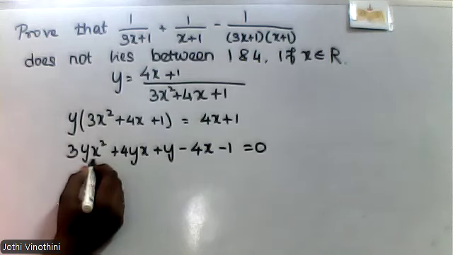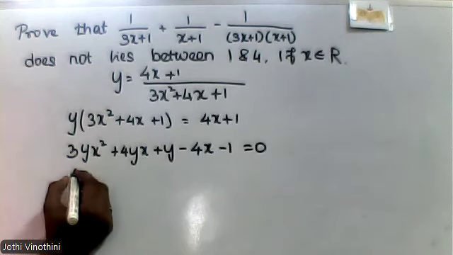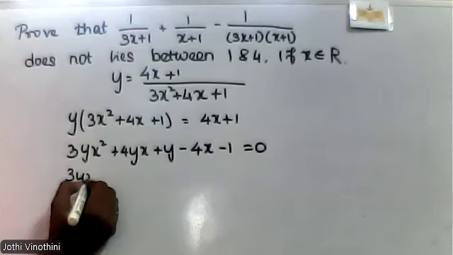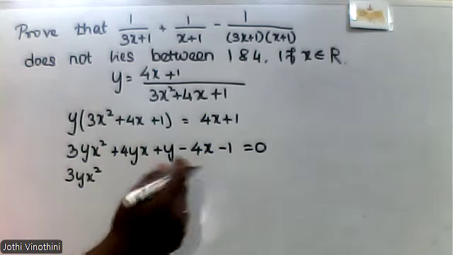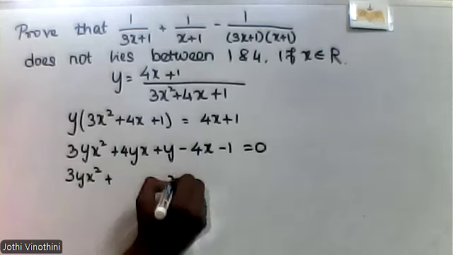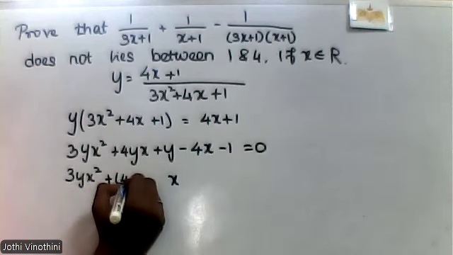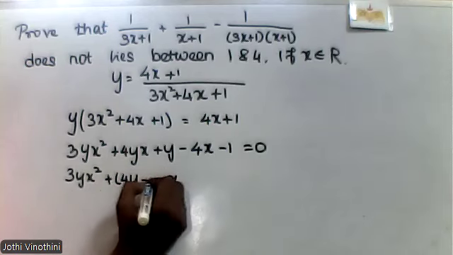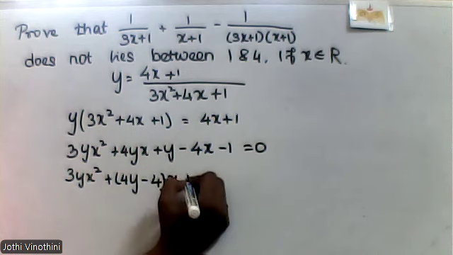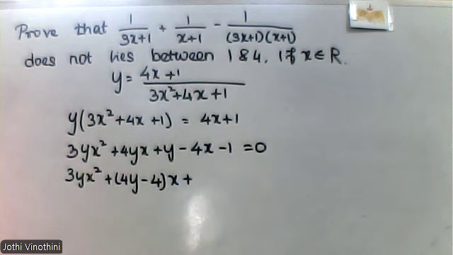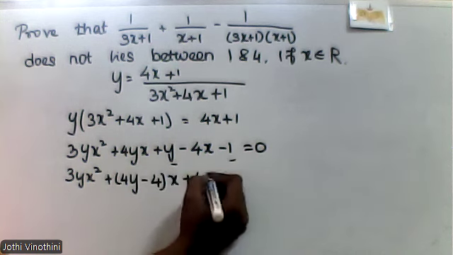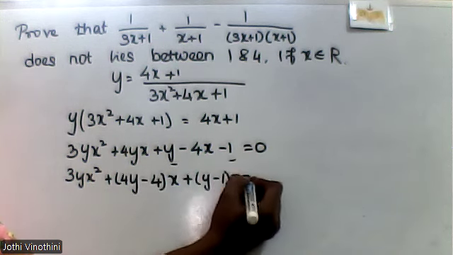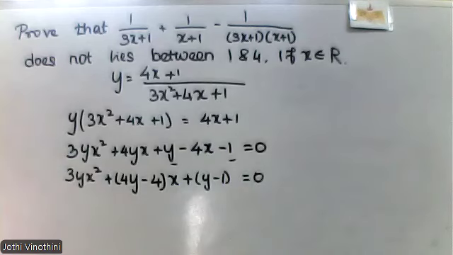Is there any other x squared term? No. So it will remain 3yx squared. Here there are two x terms, so I am going to take x as common. So what will remain? 4y minus 4, plus the remaining terms y and minus 1. So y minus 1, which is equal to 0.